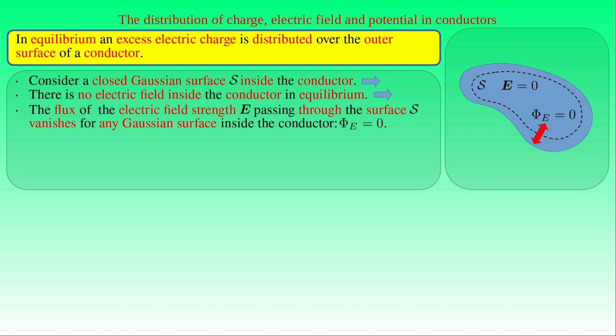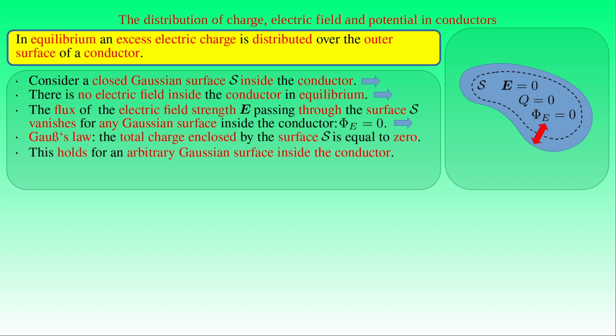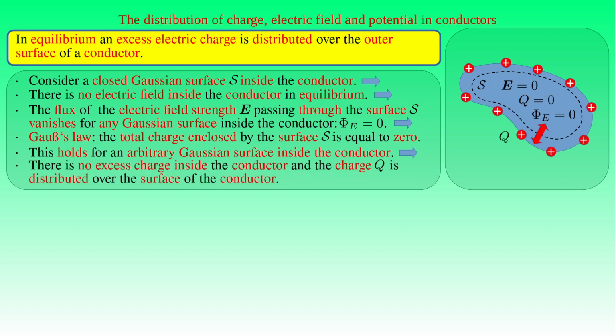Then it immediately follows from Gauss' law that the total charge enclosed by the surface S is equal to 0. This statement holds for any closed surface of arbitrary size and shape inside the conductor. As a result, in the electrostatic equilibrium there is no excess charge inside the conductor, and the charge is distributed over its surface, and this distribution is described by a given surface charge density sigma.